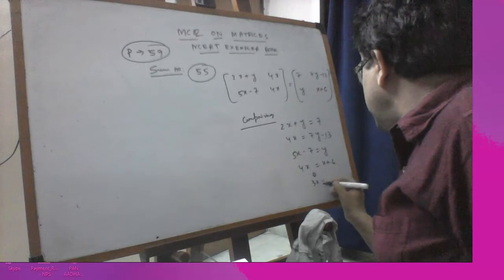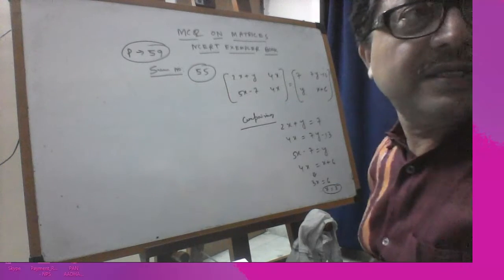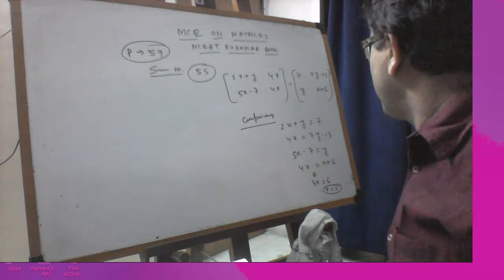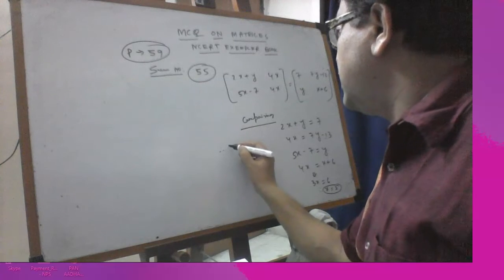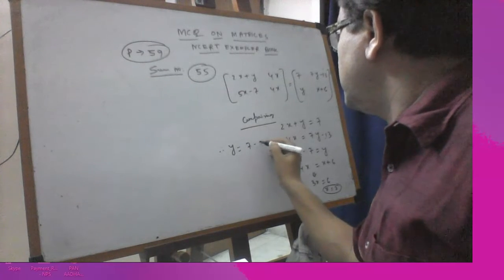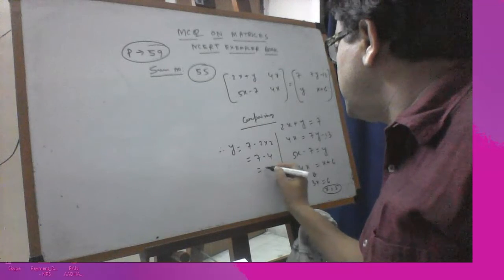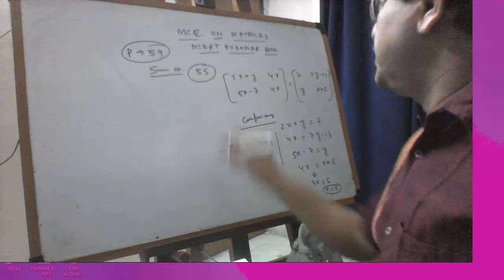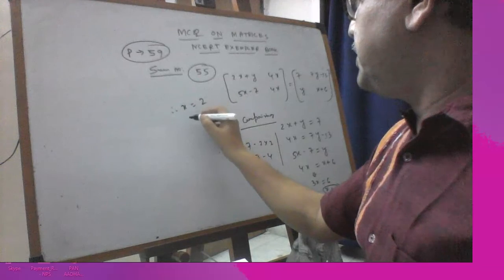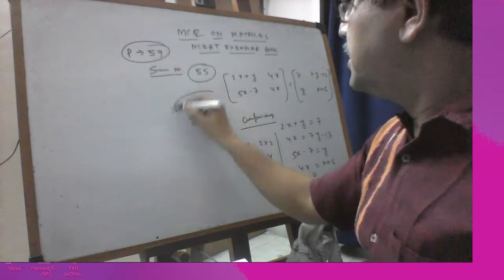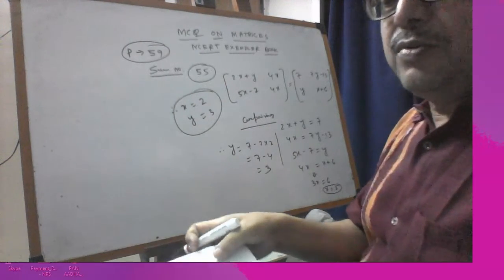This will give us 3x equal to 6. So x is equal to 2. By putting x equal to 2, we get from the first equation y equal to 7 minus 2 into 2, that is 7 minus 4, which is equal to 3. So we have x equal to 2 and y equal to 3. Okay, let's go for the next problem.